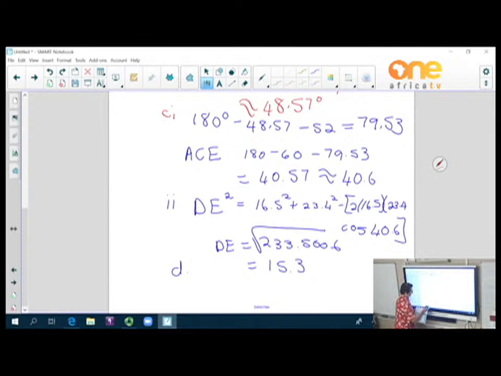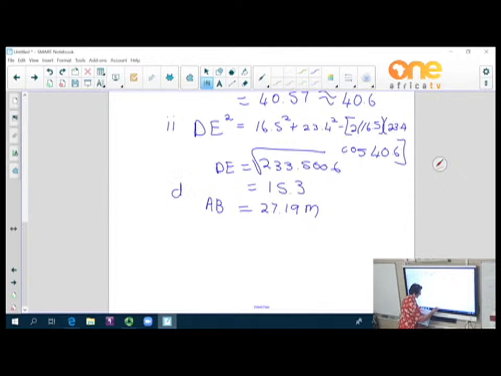We first need the length of AB to get that area, because it's then half base height in that right angle triangle. This one is 27.19 meters, AB, and then I calculate the two areas there to add them.